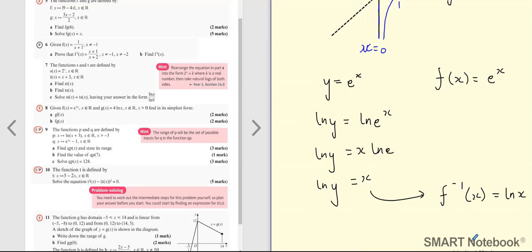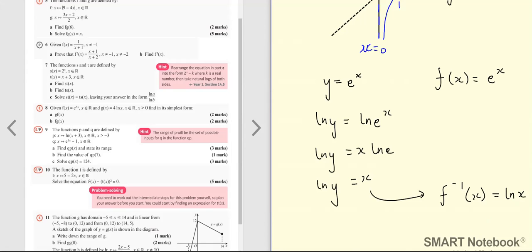So if we replace the y with x, we get ln x, and if we replace the x with the inverse function, we get that. Okay, so that is how we go from the original function to the inverse. We have to make x a subject and then replace x with inverse and y with x. Right, okay.